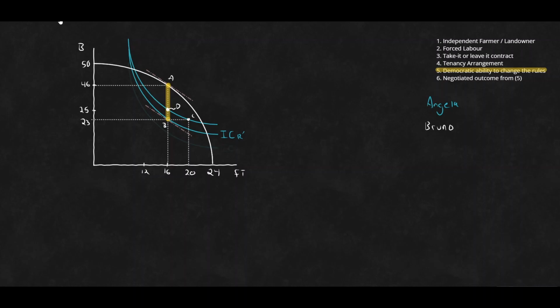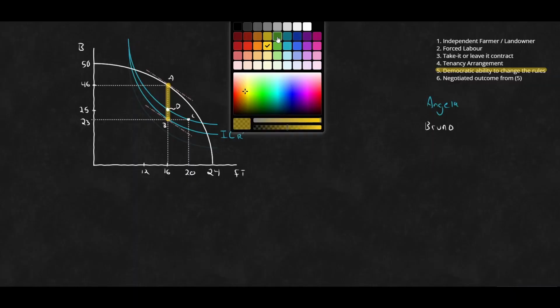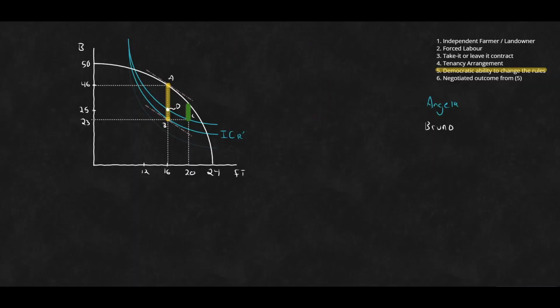What about Bruno? Let's take a look at Bruno's payoff, and let's use this green for Bruno. Bruno is getting the difference between what Angela receives at C and the feasibility set. That's the distance that Bruno is receiving altogether. Well, at C, that's what he gets.